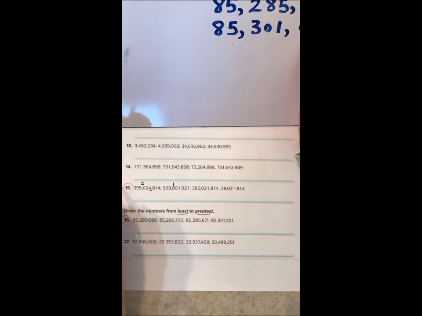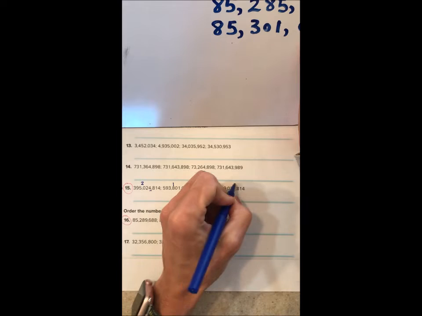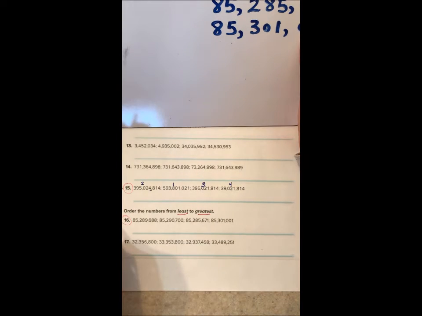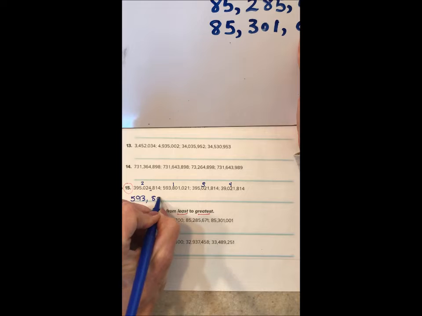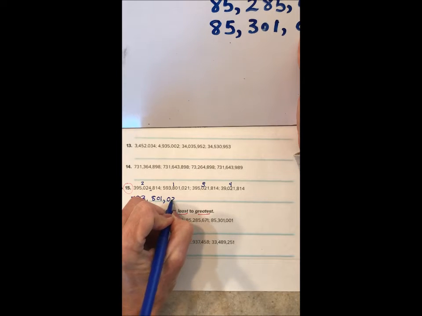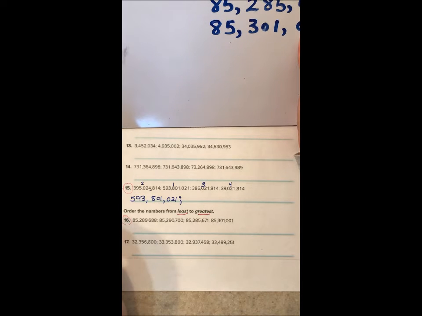The next greatest number was this one, and the final one is this number. I need to rewrite these on the line in order from greatest to least. And we are separating them with semicolons so we could tell the difference between that and a comma.